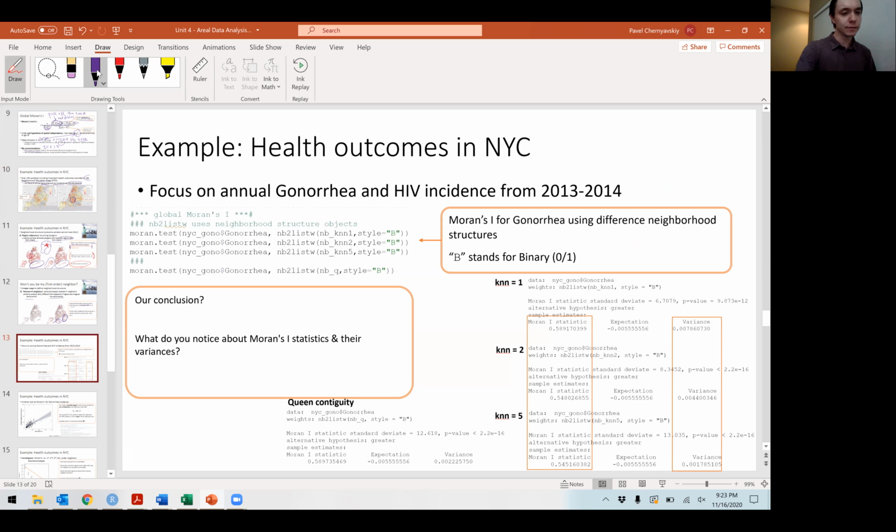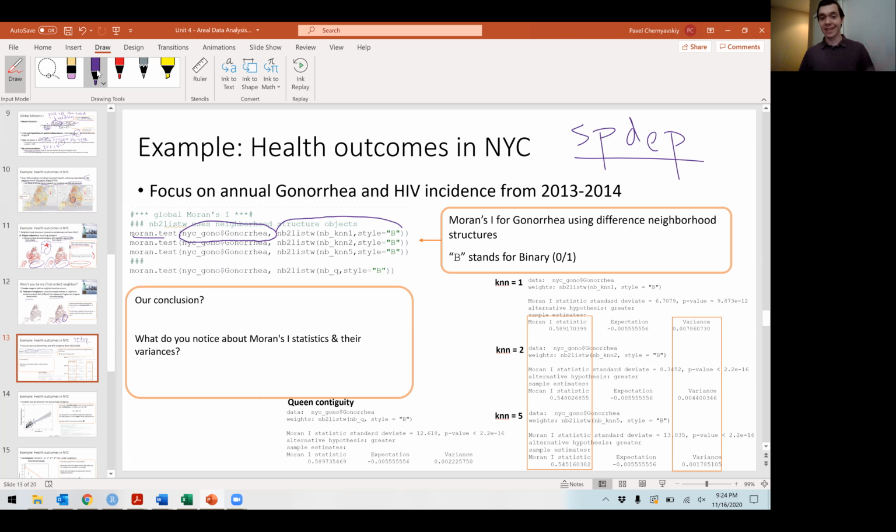So for the code, we use the Moran test function. I give it my outcome variable, and notice this, of course, excludes NAs. And then I use this NB2 list, which is the neighborhood structure converted to a list of neighbors. It's just a workflow that we have to develop with this spdep package.